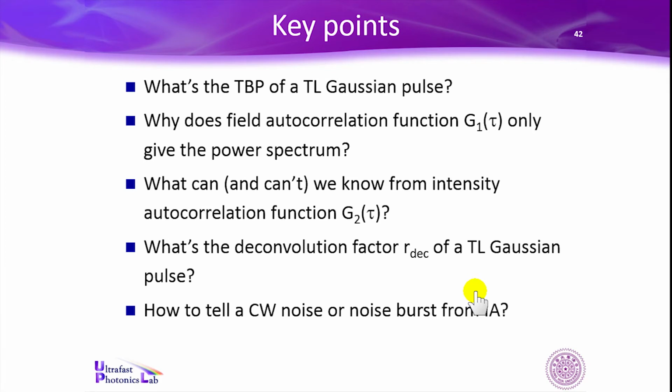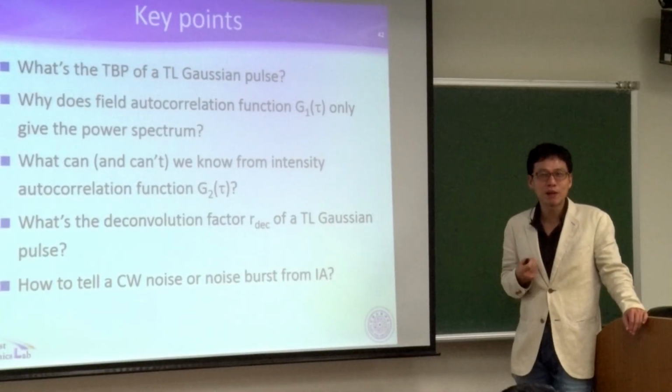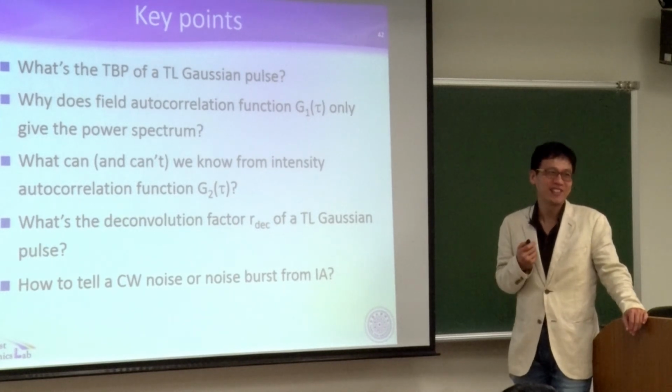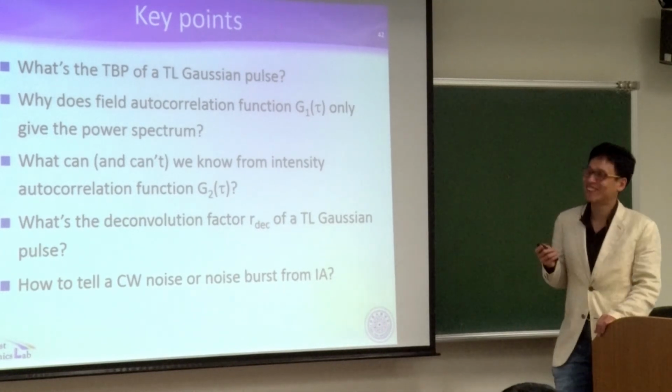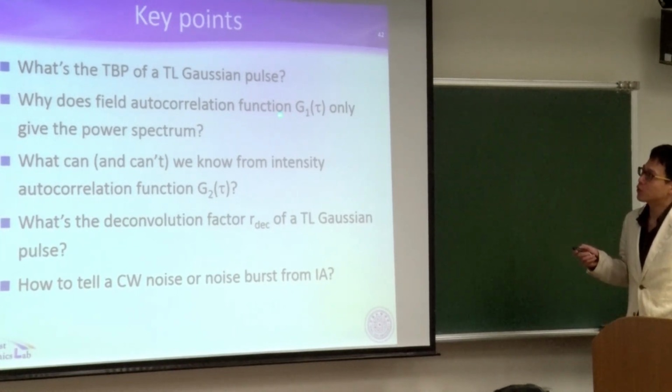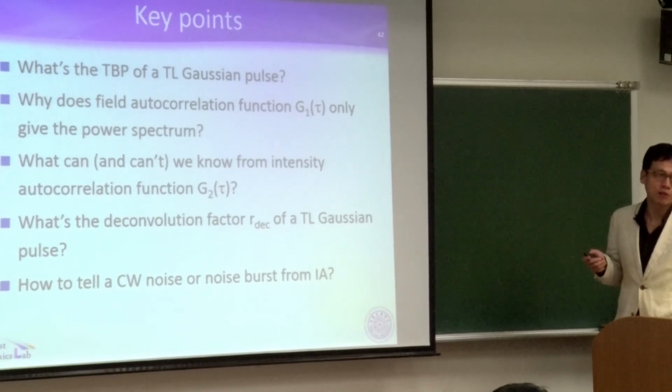Some questions you might need to be able to answer up to this point. First, what is the time bandwidth product of a transform limited Gaussian pulse? Do you still remember the number? 0.441, great. It's a very useful number. Second, why does the field autocorrelation function, the G1 function, only give the power spectrum?